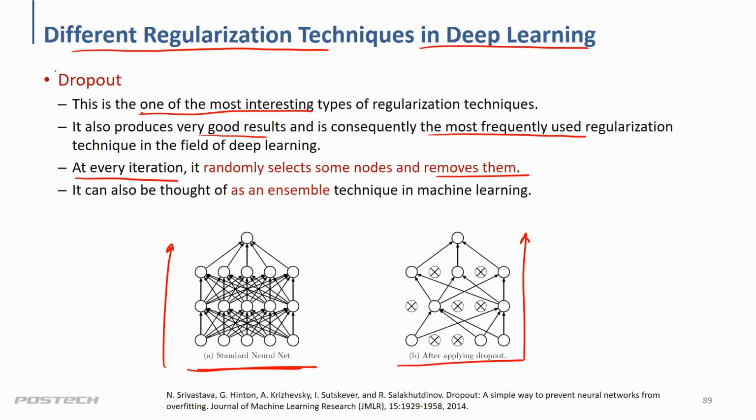That's what dropout does. And you might wonder why this kind of thing helps us, acting as regularization. Because you can think of it as an ensemble technique of machine learning.